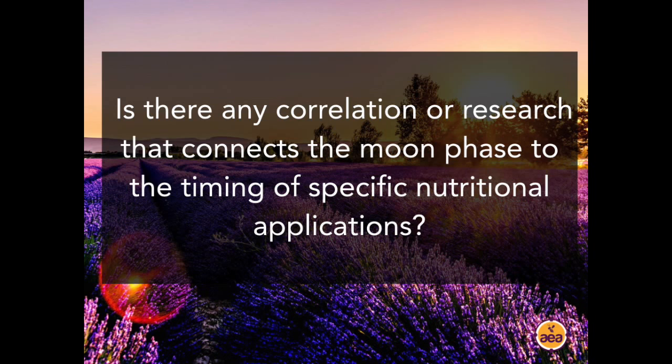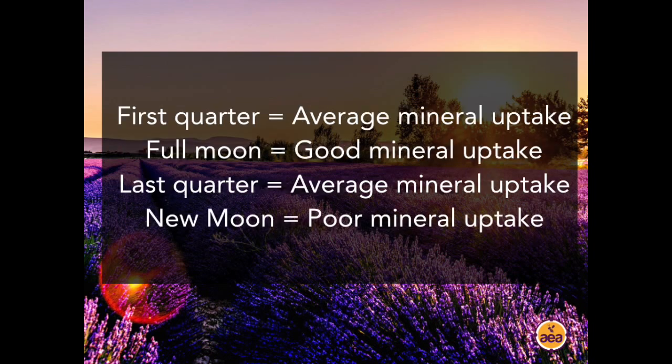We've learned that there is 1 week out of the 4-week lunar cycle where plants absorb nutrients exceptionally well. They absorb a tremendous amount of nutrition in 1 week out of the 4. There are 2 weeks which are average and 1 week that is exceptionally poor.